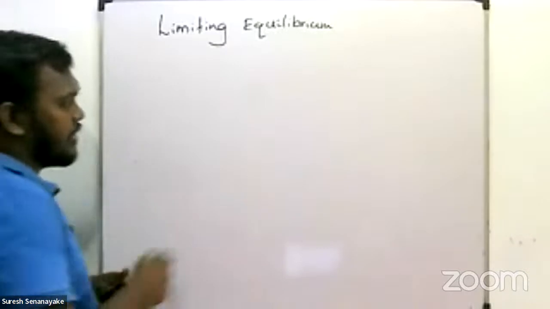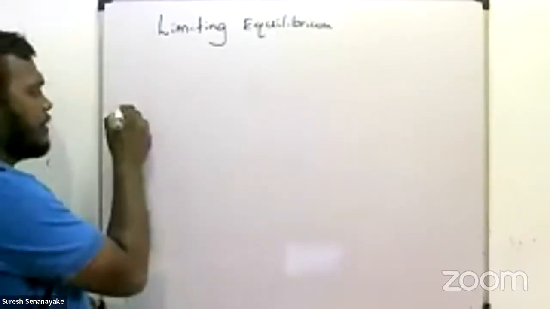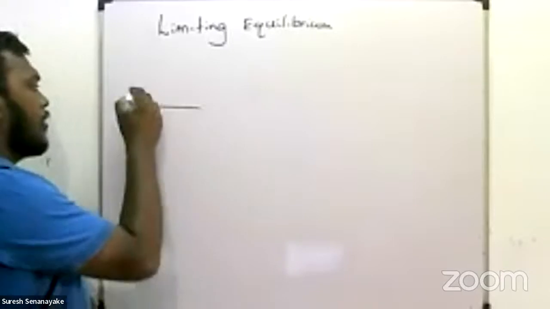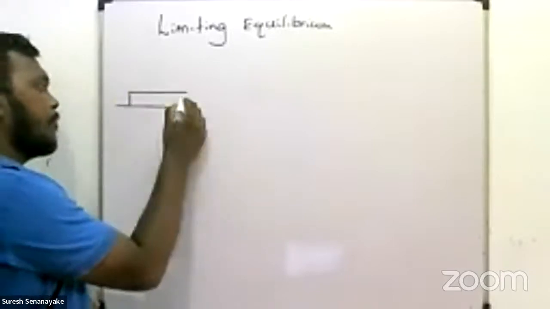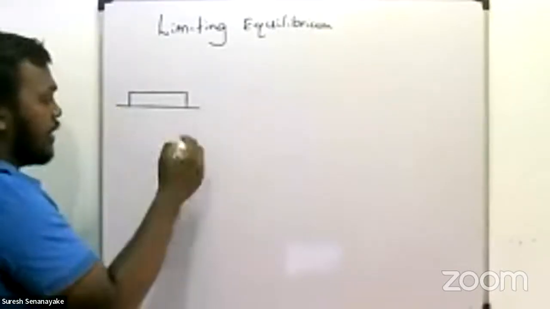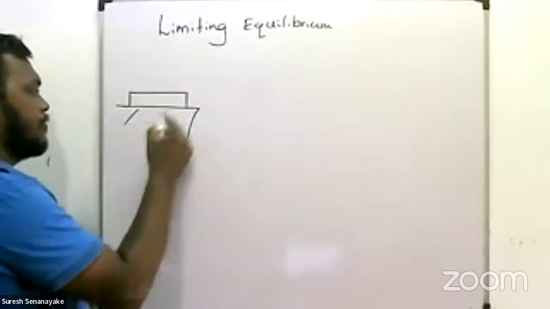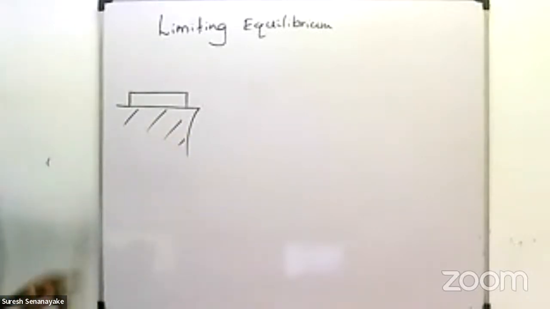It is a case like this. Let's say a body is placed on a horizontal table. Now it's in equilibrium.